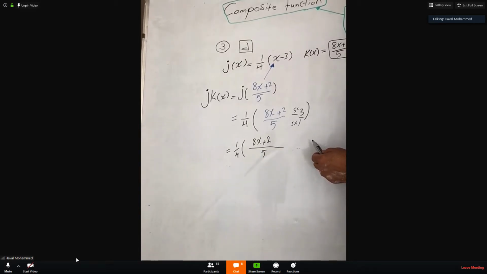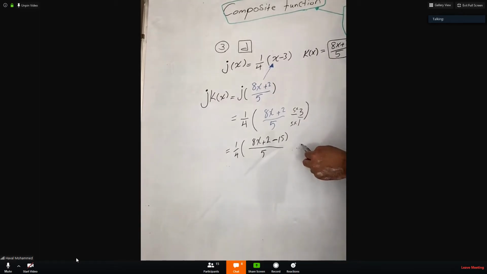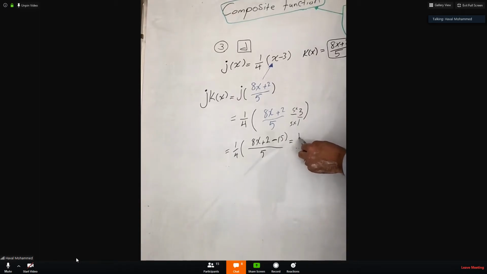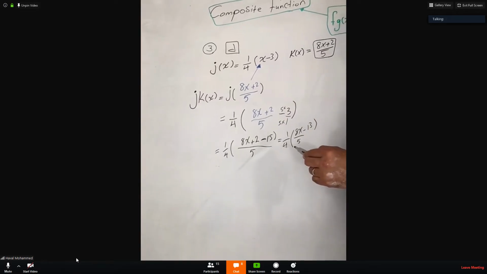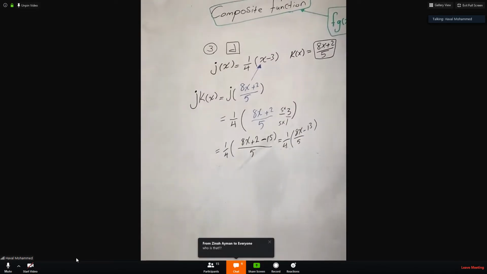Now 3 times 5, 15, negative 15. Then it's 1 over 4 times (8x minus 13).